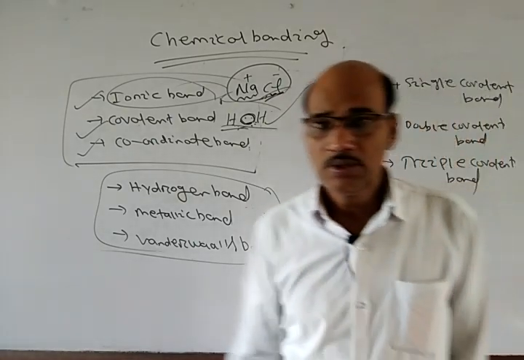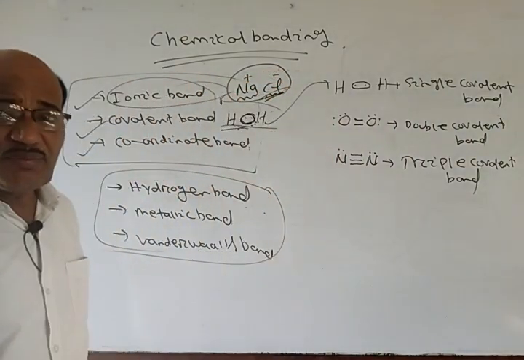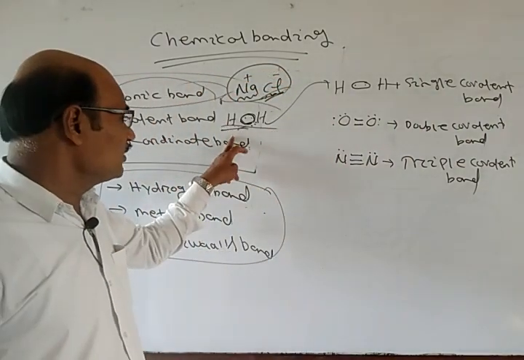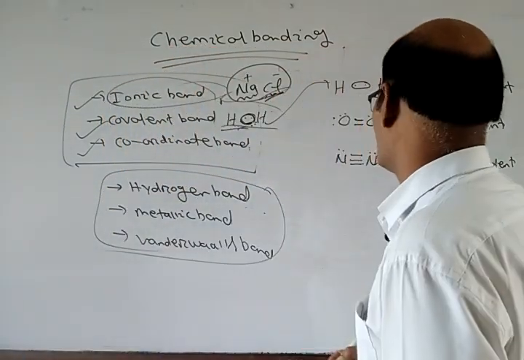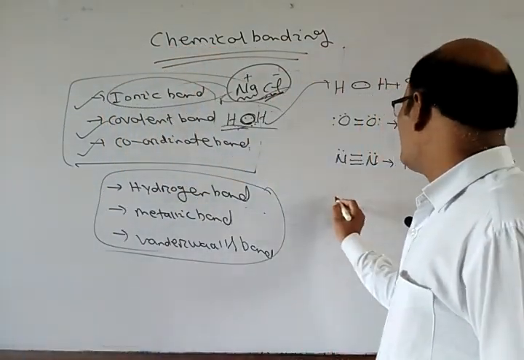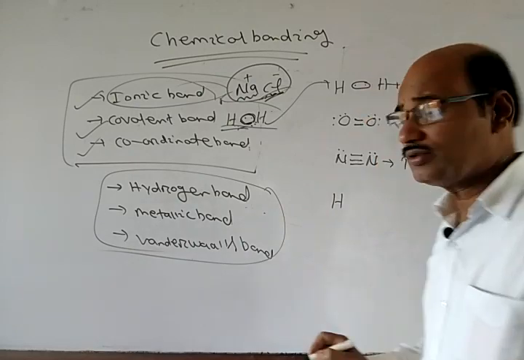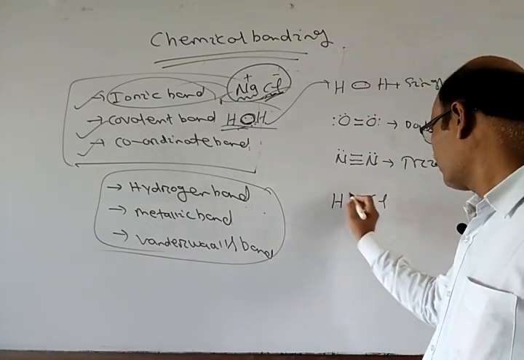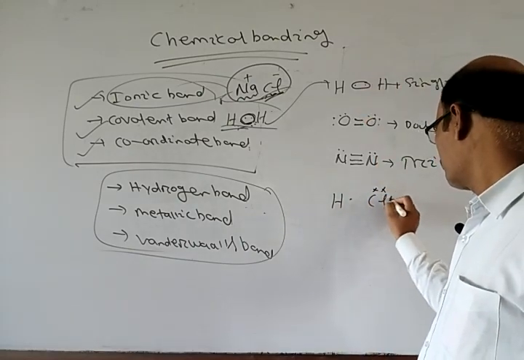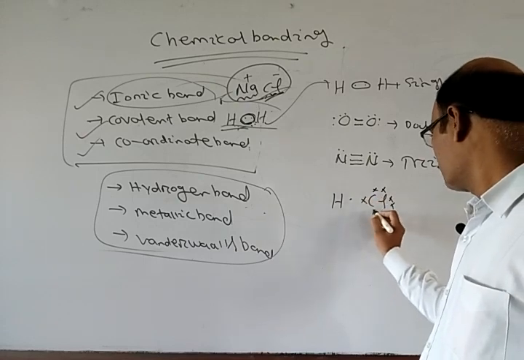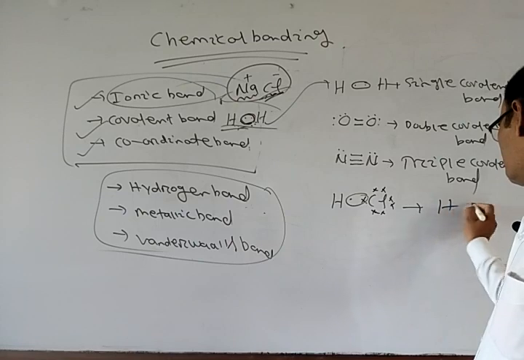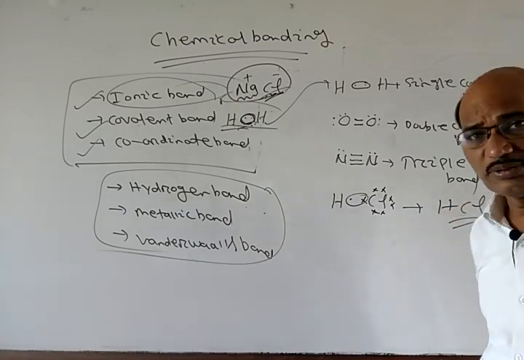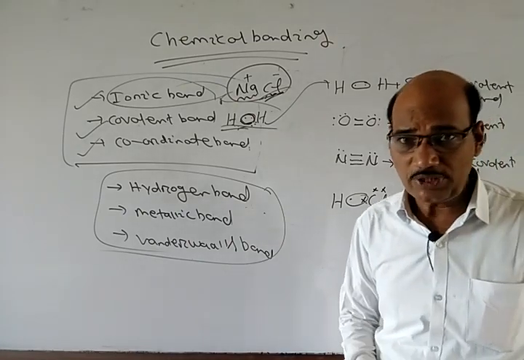So depending upon the number of electron pairs shared, the covalent bond can be single, double or triple. You can also take the example of heteroatomic molecules, such as HCl, which is a bond between two different atoms.